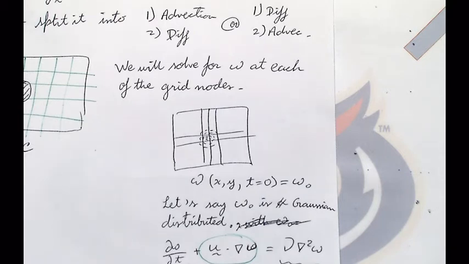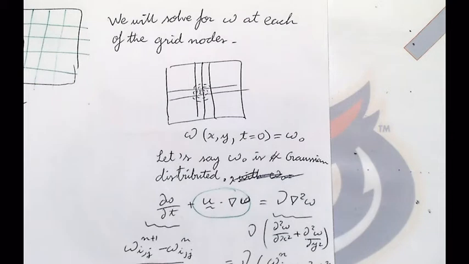We know omega is dou u by dou y minus dou v by dou x, so we can use it. Yeah, that's correct. You can compute omega by taking the curl of u.